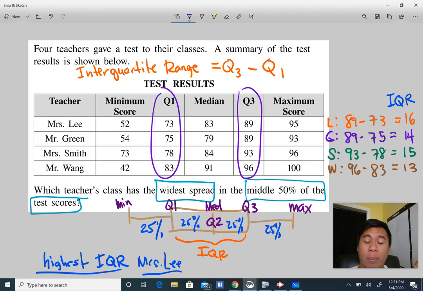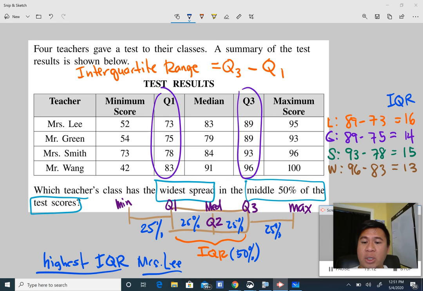But when you talk about the interquartile range, that is considering the middle 50% of the whole scores. In this case, the highest IQR was obtained by the class of Miss Lee.